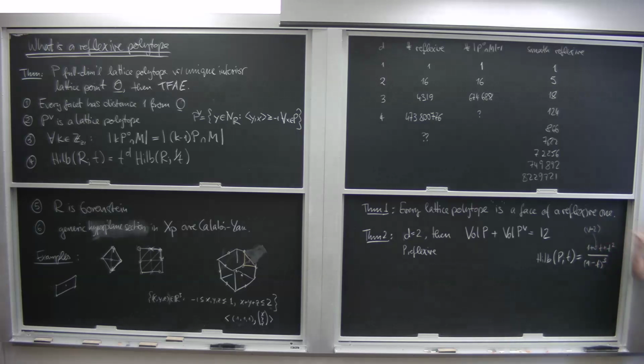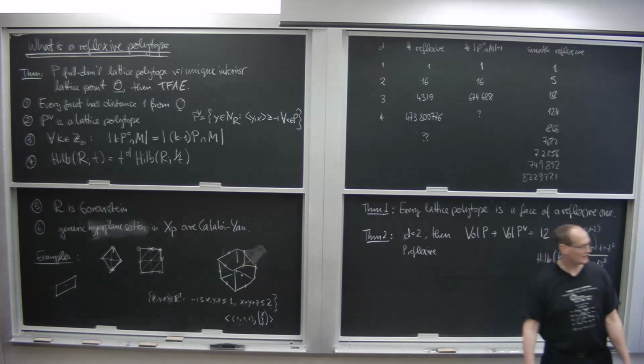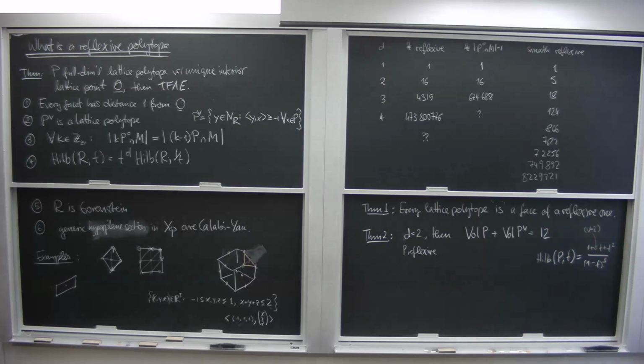There's a different way to express this theorem. So in dimension 2, you can read off the dual polytope from the Hilbert series. Absolutely. There the hypersurfaces are elliptic curves.